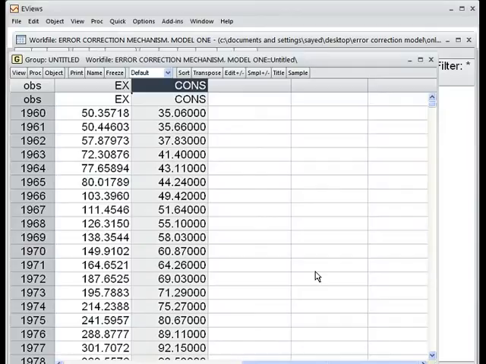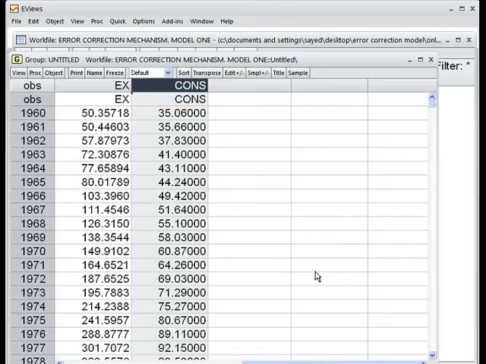So that is our assumption. We assume they are non-stationary at level, but when converted into first difference, they become stationary.